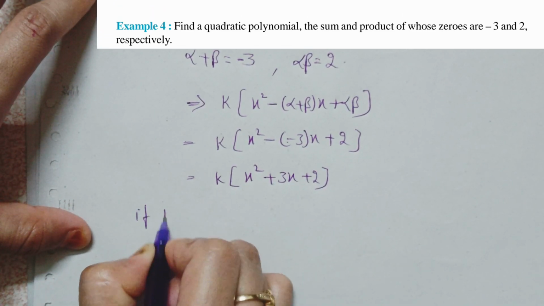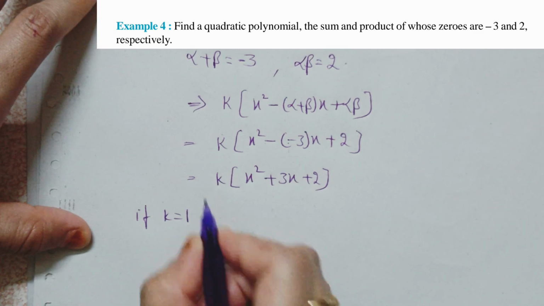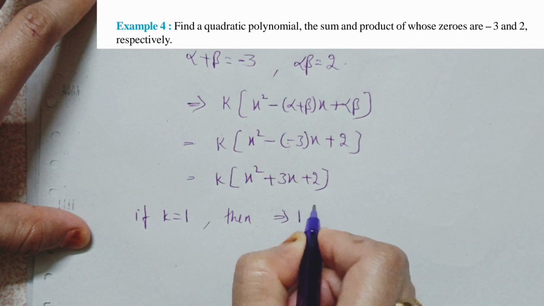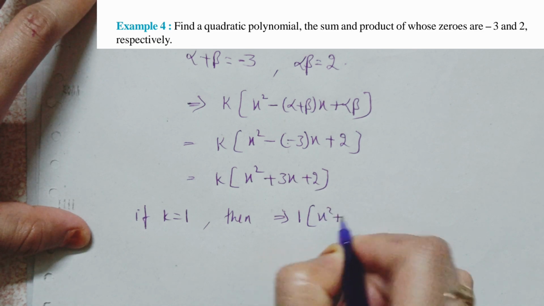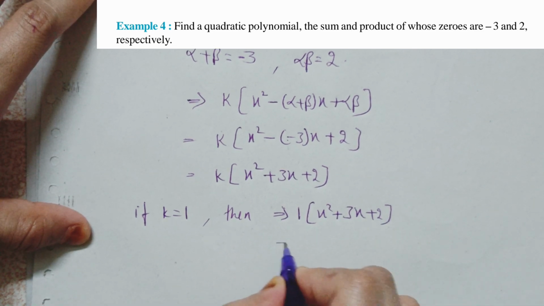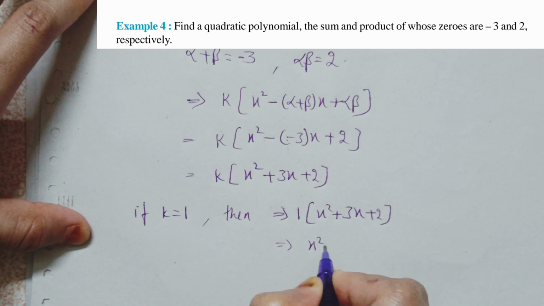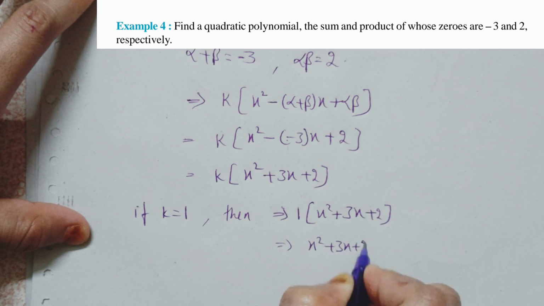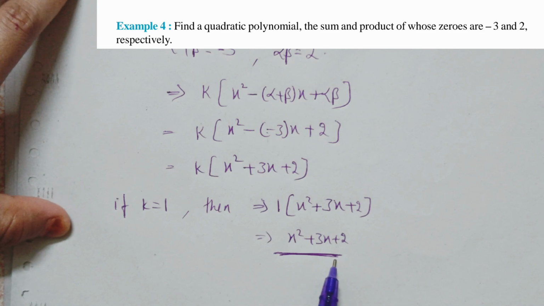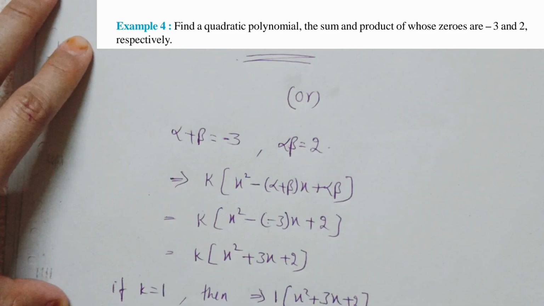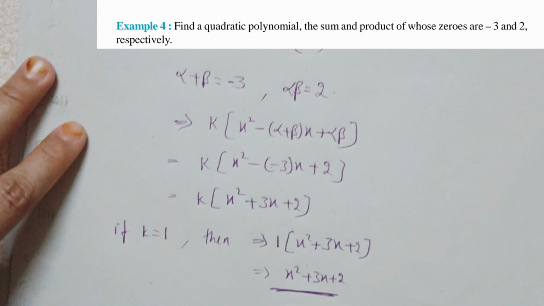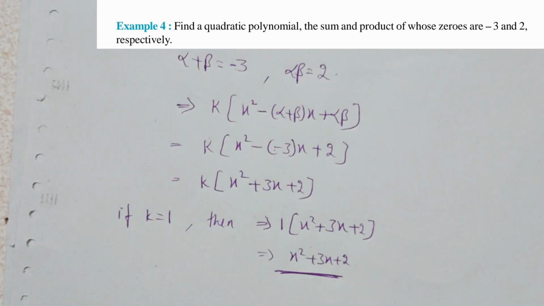If k equal to 1, then 1 into x square plus 3x plus 2. That implies x square plus 3x plus 2. So this is our polynomial. You can check this also. Here both are same. That's why you can pick any one method for doing this type of problems.